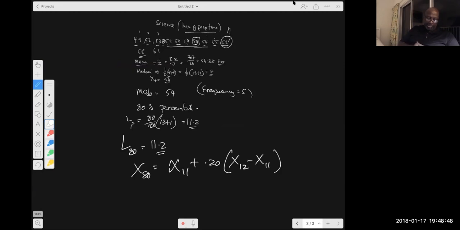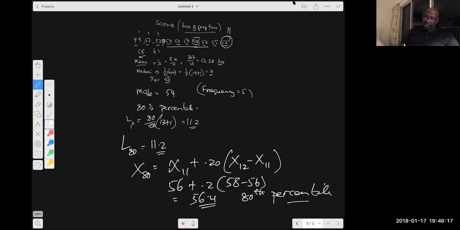That's interpolation. All right? So, what is X11? It is 56 plus 0.2 times 58 minus 56. And that gives us what we're looking for, which is essentially 56.4. So that is the 80th percentile. That's it. That's percentiles. Okay?